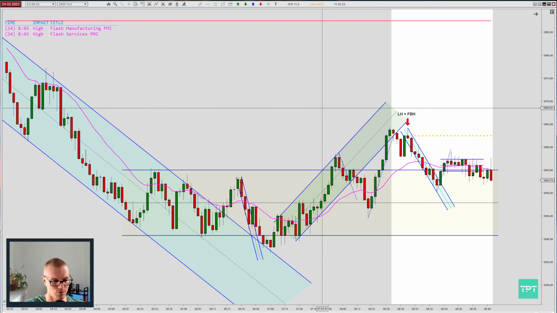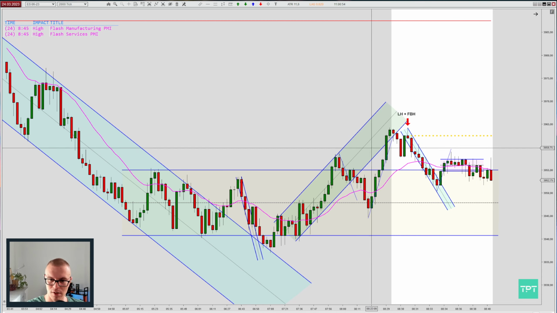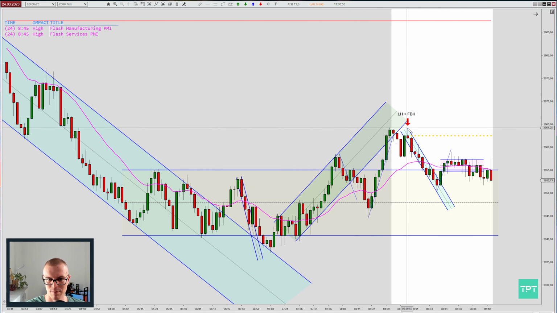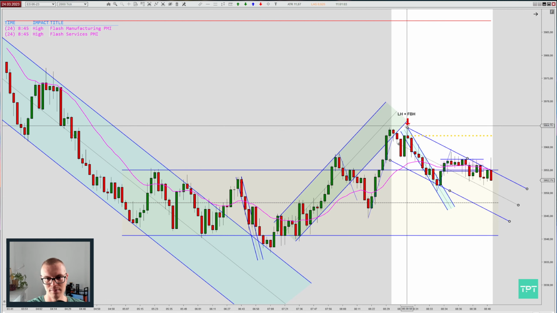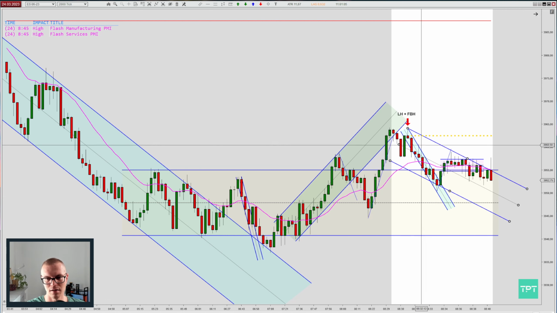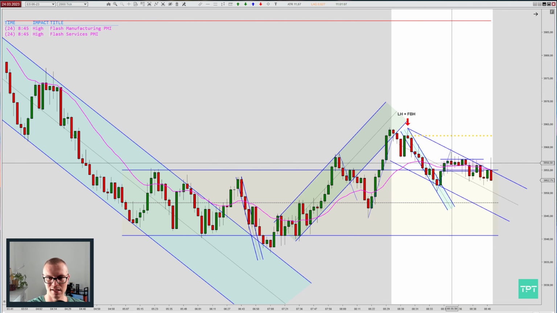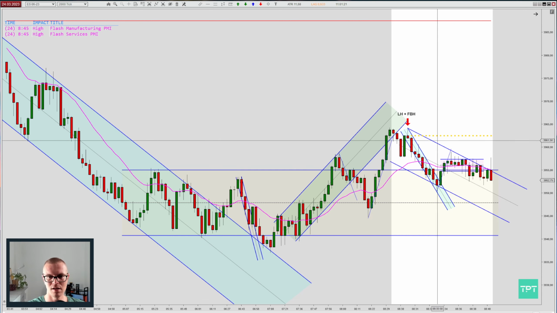Not sure if you can see it already, but there could be some channel working lower here. If you take this high here and connect the last swings that happened in this range, then you have a touch here, another touch here, and another strong rejection and touch here. So there could potentially be a channel working lower within this range.